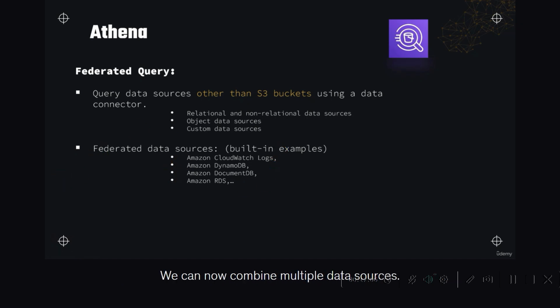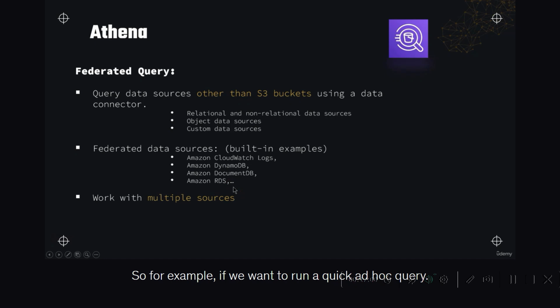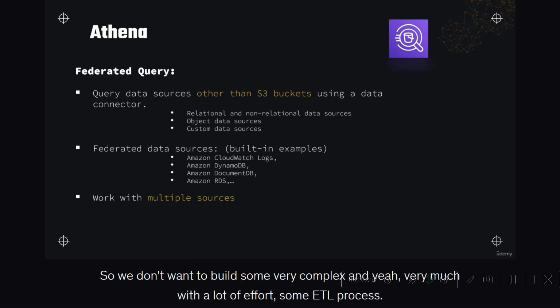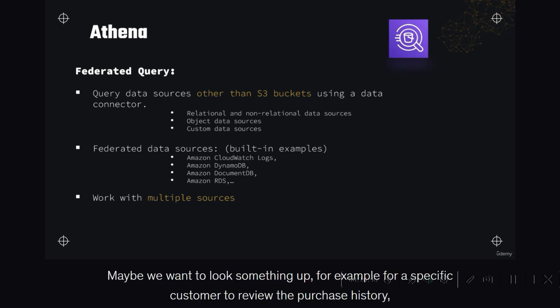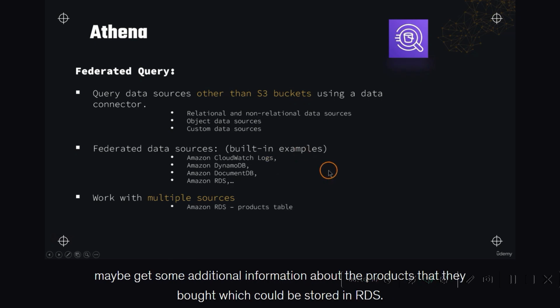And like this, we can now combine multiple data sources. So for example, if we want to run a quick ad hoc query, so we don't want to build some very complex ETL process with a lot of effort, but we just quickly want to do some analysis. Maybe we want to look something up, for example, for a specific customer to review the purchase history, maybe get some additional information about the products that they bought, which could be stored in RDS.